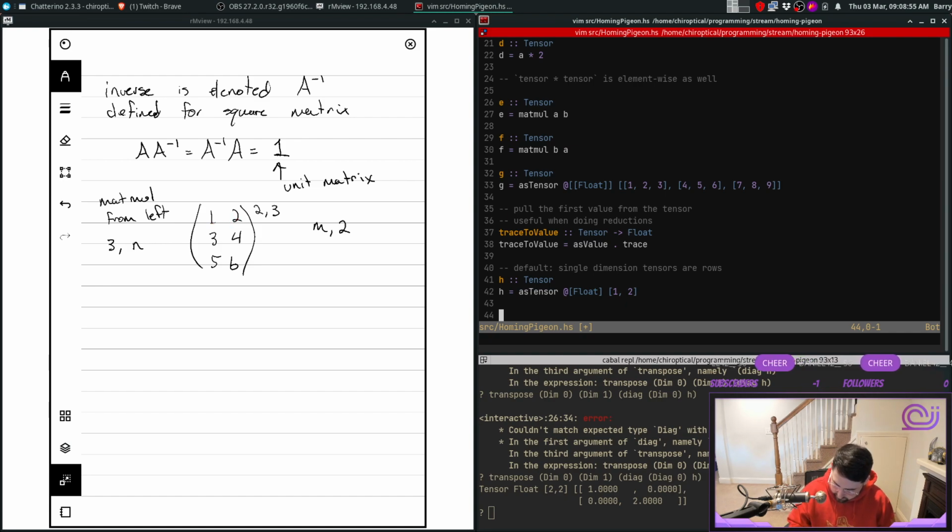This here needs to match the number of rows on the right side, matmul from right. And then this will generate 3 by n.